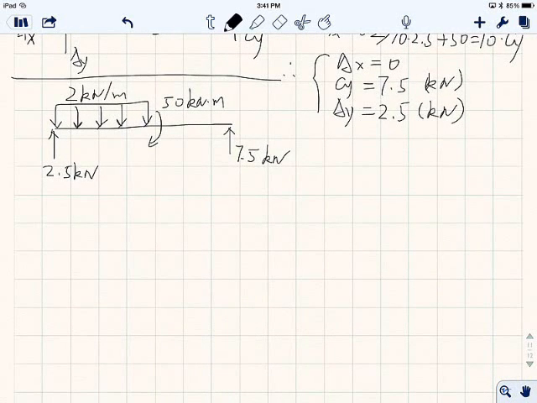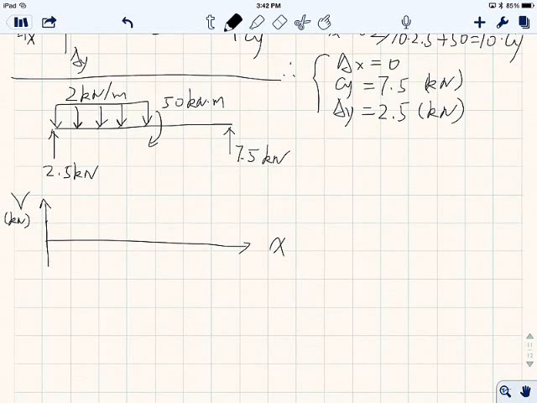All right, so first of all, shear diagrams have a unit of kilonewtons. Okay, so first of all, you look at it here, you have a supporting force of 2.5 kilonewtons, right? So it starts at 2.5.